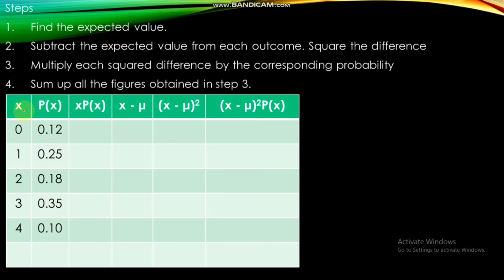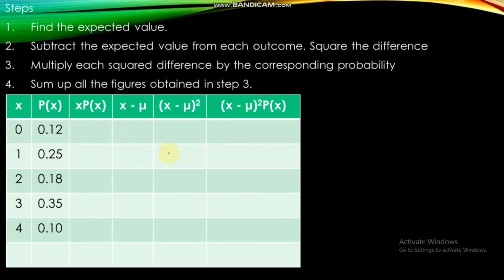Let's look above: x times p of x. 0 times 0.12 is 0. Then 0.25, and 2 times 0.18 is 0.36, and 3 times 0.35 is 1.05, and 4 times 0.10 is 0.40.